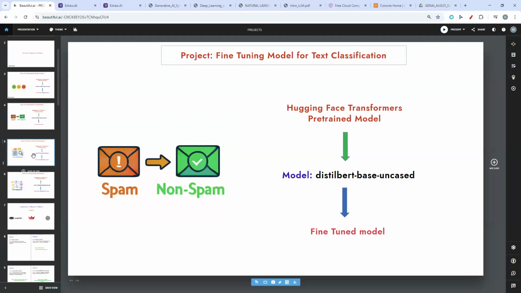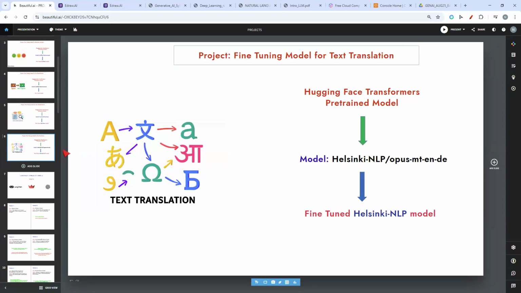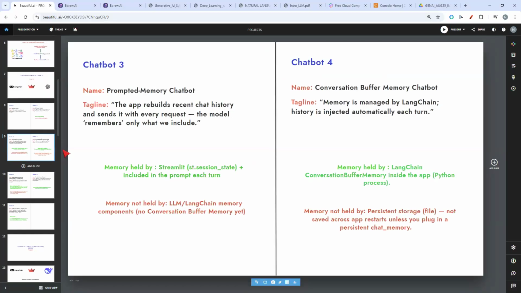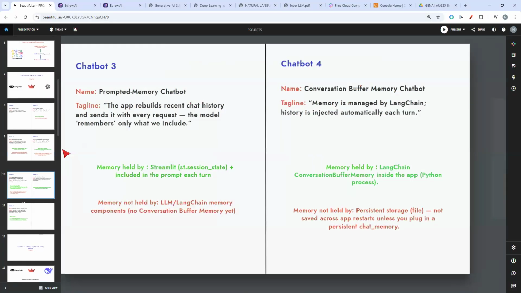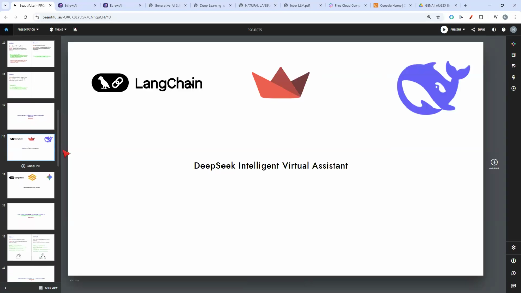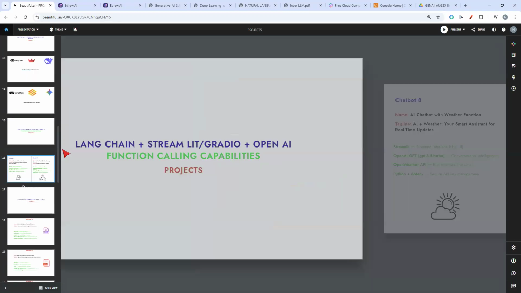Fine tuning for a model of text summarization, and then text translation. Then with Streamlit and OpenAI, how it goes with a chatbot. So like this, the chatbots will be discussed, and that will be considered as a project. It is not a specific domain.